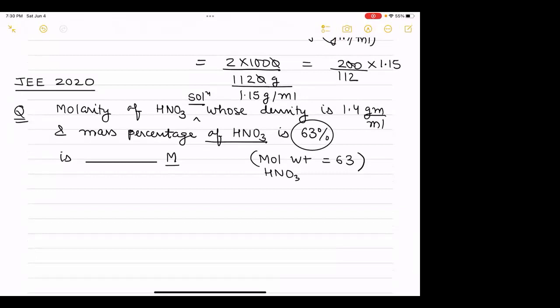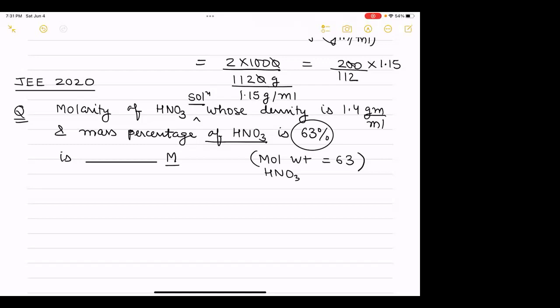Mass of HNO3 in 100 grams of solution, that can also be interpreted from the mass percentage. Wherever the percentage is there, in order to make my calculations and my life easier, I take the total mass to be 100. That helps me a lot.